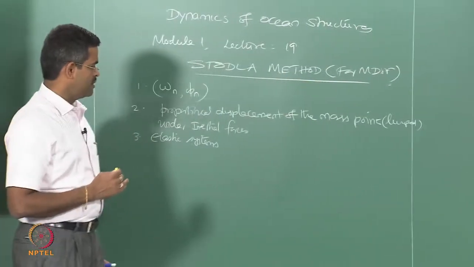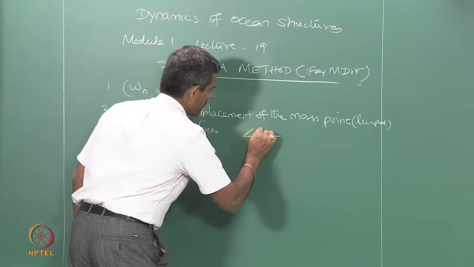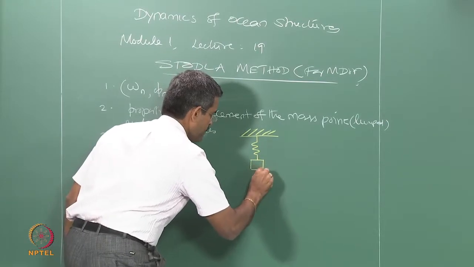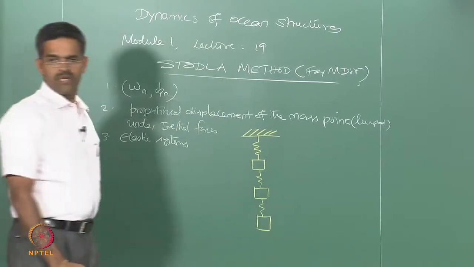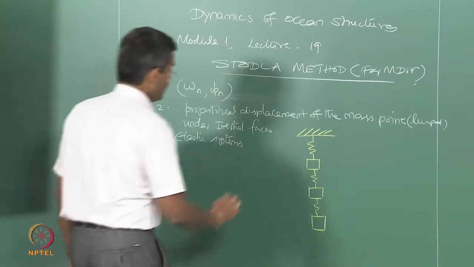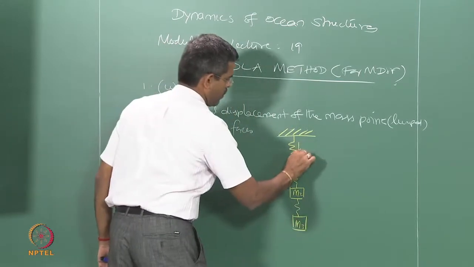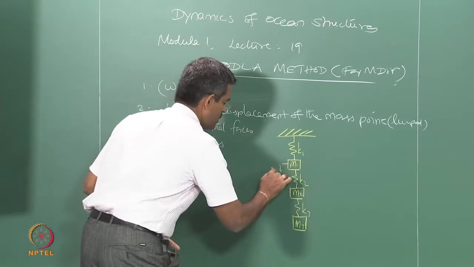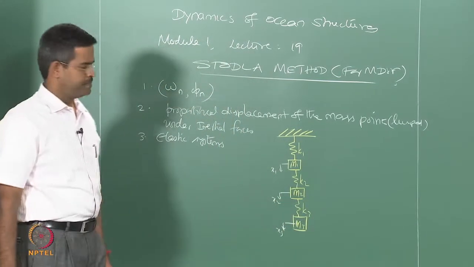So, the basic problem here, which I will demonstrate in all the 3 methods, is a spring mass system. I have 3 mass points, let us say m1, m2 and m3. Let us say k1, k2 and k3 are the stiffness of the springs, and the degrees of freedom are marked as x1, x2 and x3 as shown in the figure.